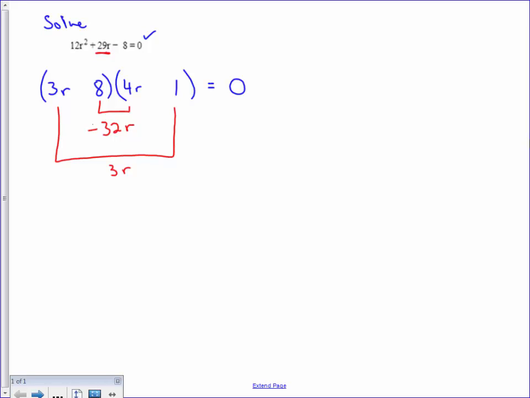If I made the 32 positive and the 3 negative, then 32 minus 3 would be 29. To do that, I would make the 8 positive and the 1 negative. Finally, just to double check myself, we notice that if we multiply these two terms, that for sure gives me 12r squared. If I multiply these two terms, that for sure gives me negative 8. And so I know my factorization is correct.